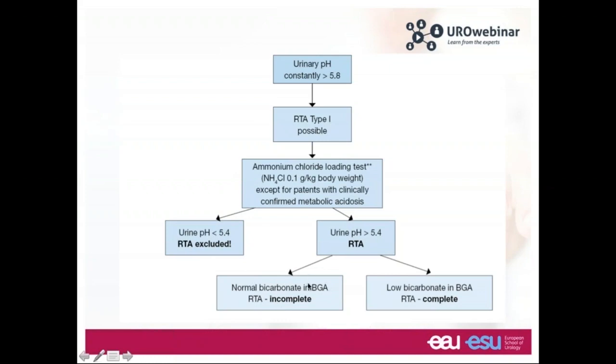If it is more, you may have the blood gases, the bicarbonate in blood gases, it will be incomplete or complete if you have low bicarbonate in the blood gas.